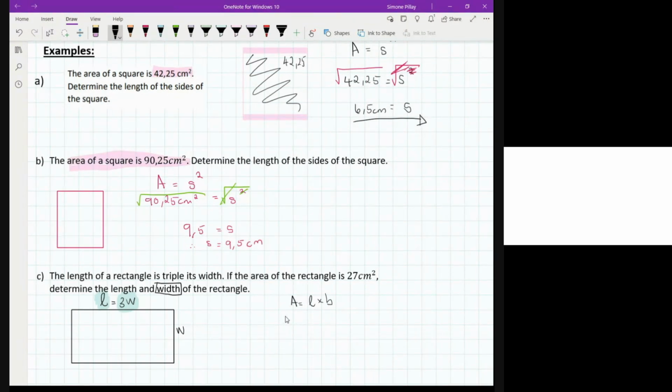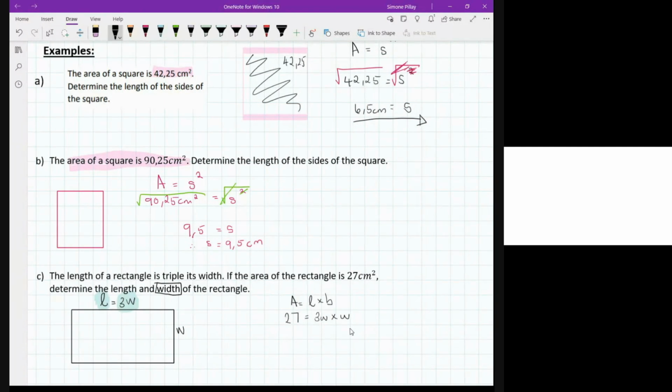So it's going to be 27 equals 3W times W. Beautiful. Now what? So then we're going to swap them around, and so we're going to say 3W is equal to 27.